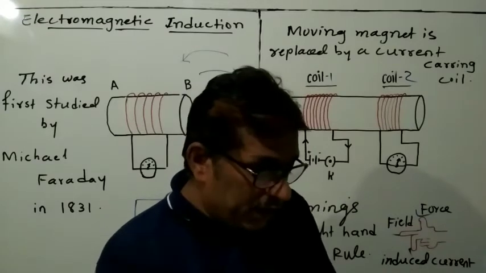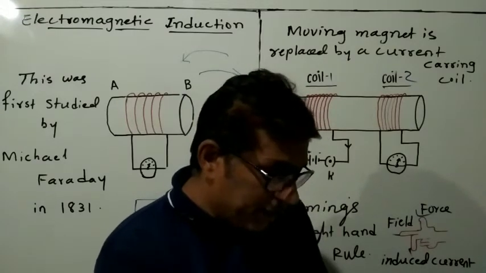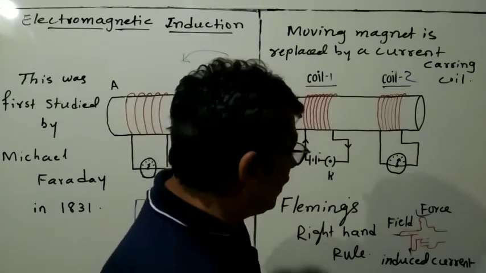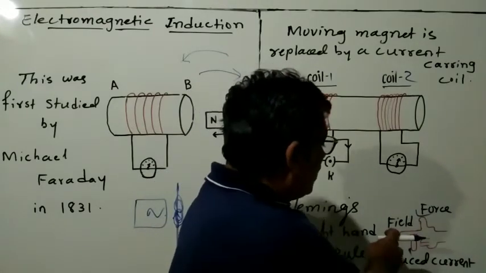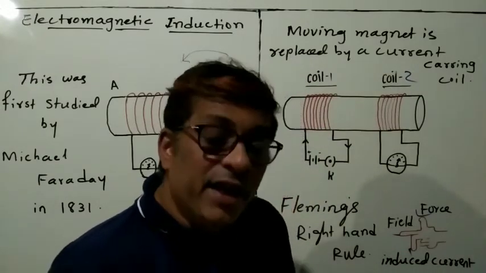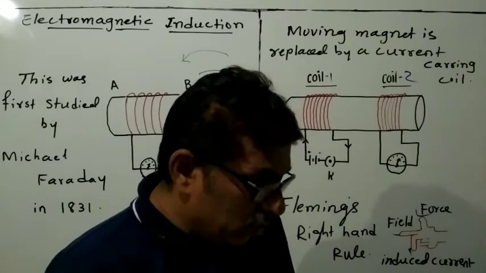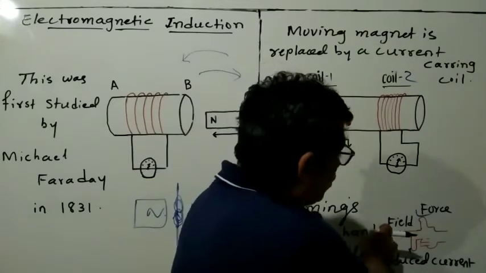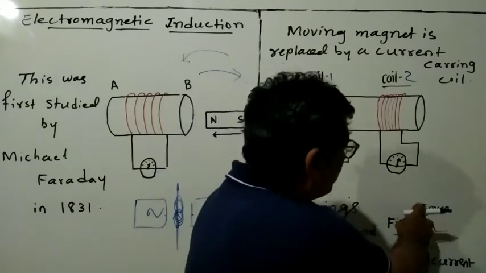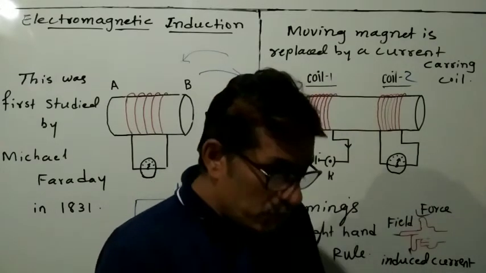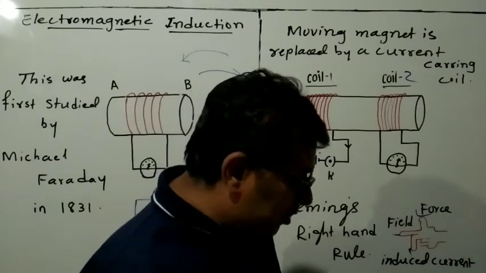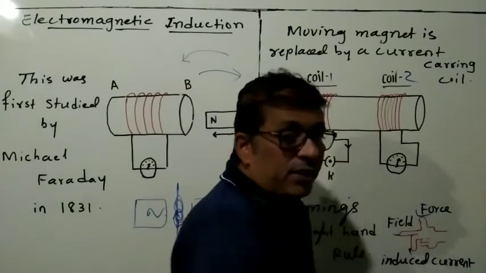If the forefinger indicates the direction of the magnetic field, and the thumb shows the direction of the motion of the conductor, or force, then the middle finger will show the direction of the induced current.